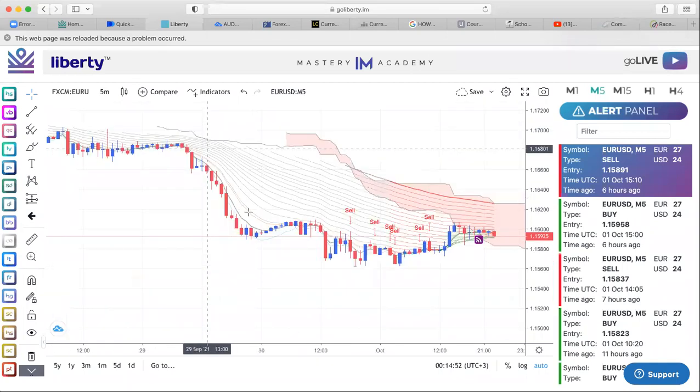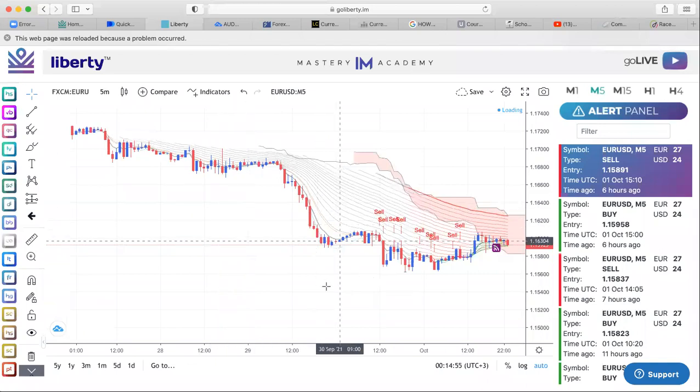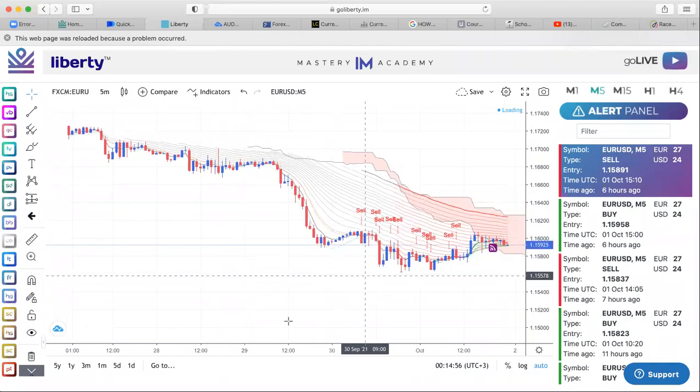So I was talking about the downtrend. When you want to take trades for a downtrend, I just showed you what I look out for when I want to take trades for a buy.